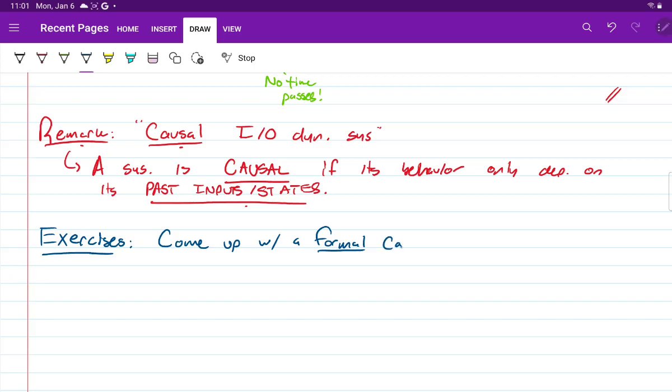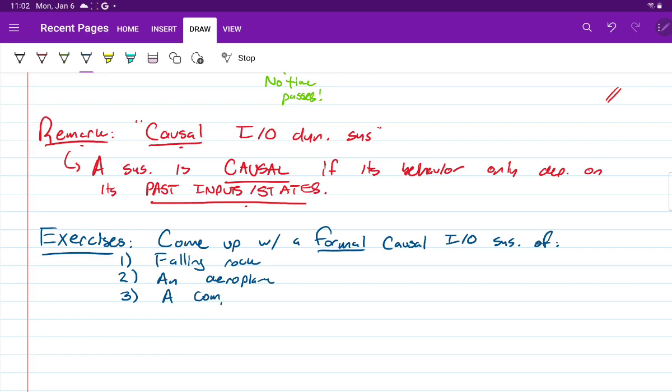The systems are: 1, a falling rock. Super groundbreaking. 2, an airplane. And 3, a computer.